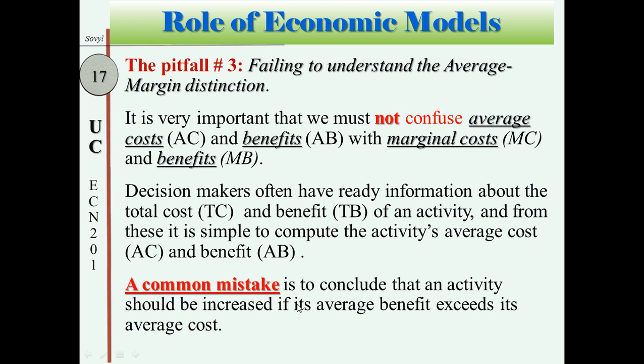We have cost-benefit analysis that compares total cost and total benefit from one action. We have the cost-benefit principle that compares marginal cost and marginal benefit from one action. But we don't have any concept that compares average cost and average benefit. Don't confuse this one. Okay?